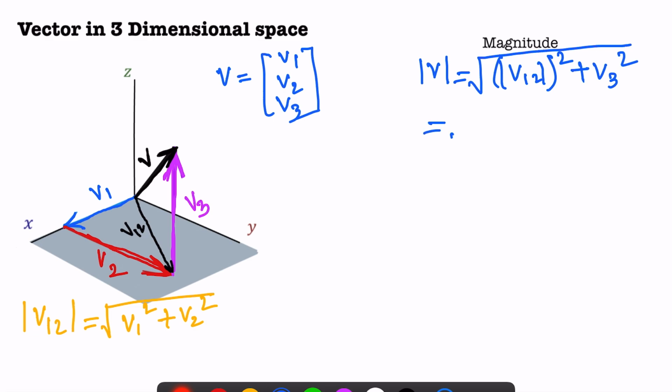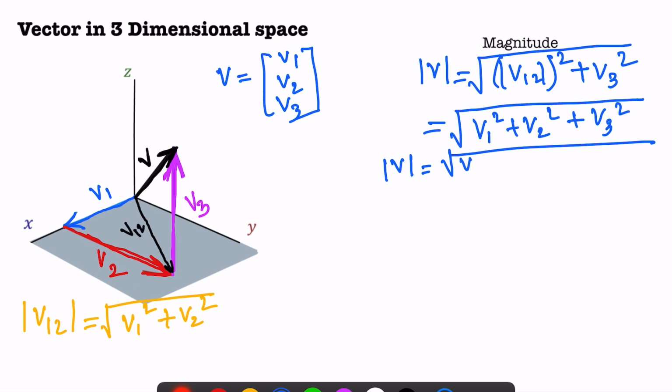We already calculated v12, so that is v1 square plus v2 square, and then we have v3 square. So the magnitude of this vector v in three-dimensional space will be square root of v1 square plus v2 square plus v3 square. So it can be generalized to n dimensions as well. For the n-dimensional case, the mod of a vector will be square root of v1 square plus v2 square up to vn square.